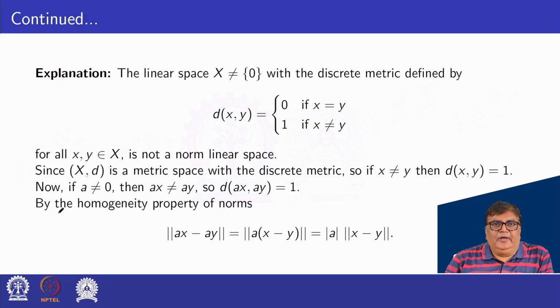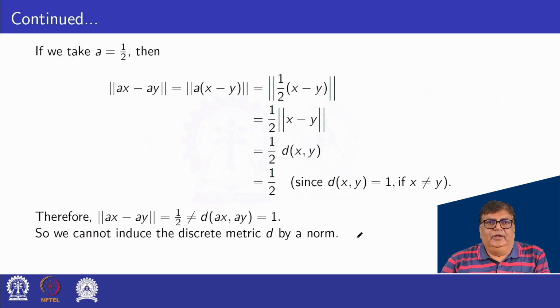By the third property of norm, norm ax minus ay, a common, we can write norm a(x minus y) equal to mod a norm x minus y. If we take a equal to half, then norm ax minus ay, that is norm half into x minus y, we can write.